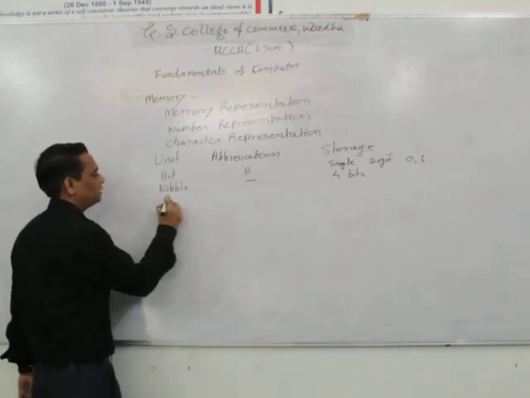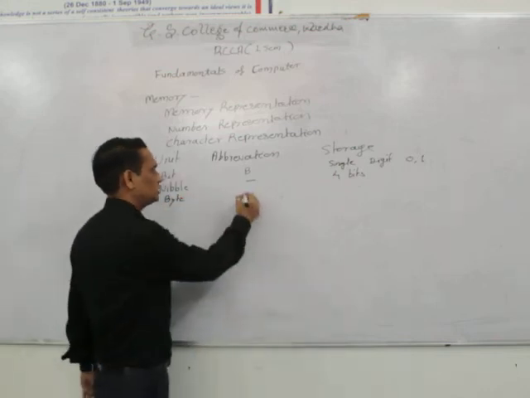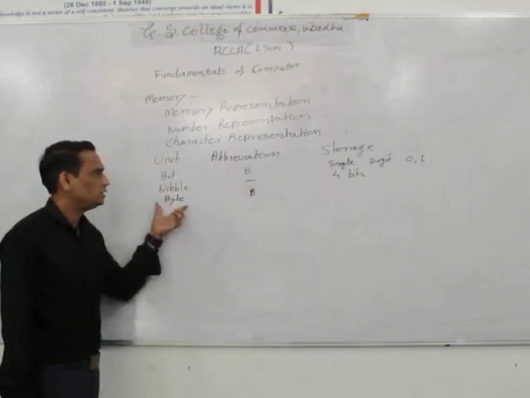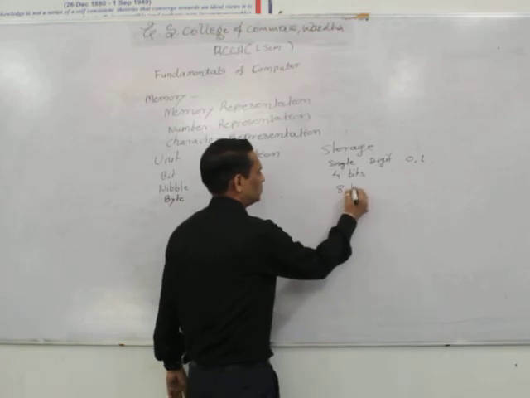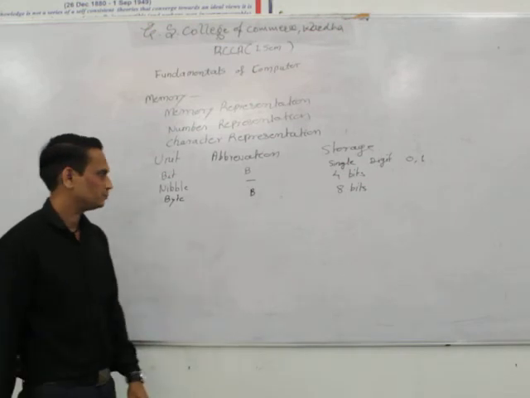Third one is the byte. We already discussed the byte. It is abbreviated as B, and 1 byte equals 8 bits.